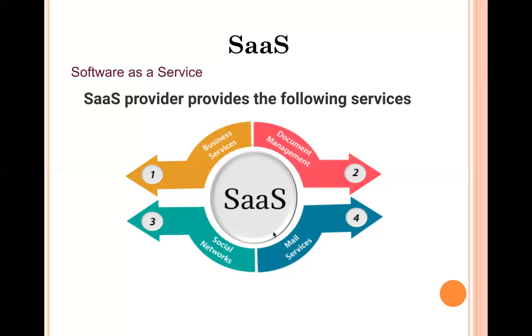To handle the unpredictable number of users and load on email services, many email providers offer their service using SaaS. There is no limit to the users of mail services. That's why mail service providers also use SaaS for providing mail services.